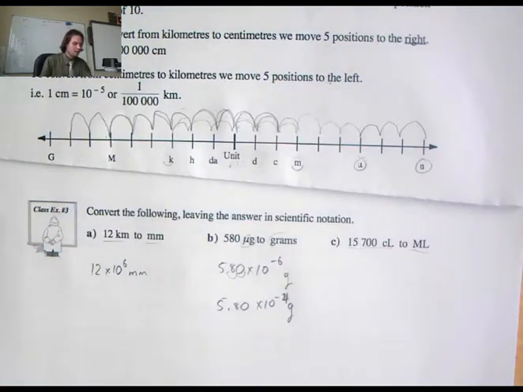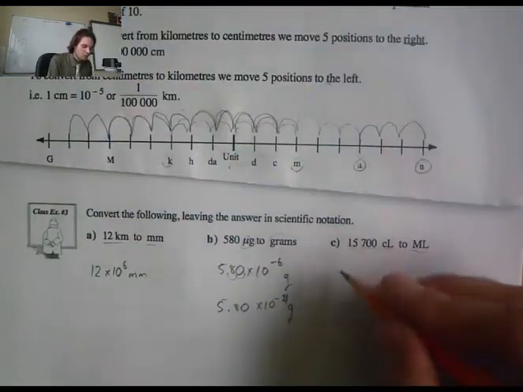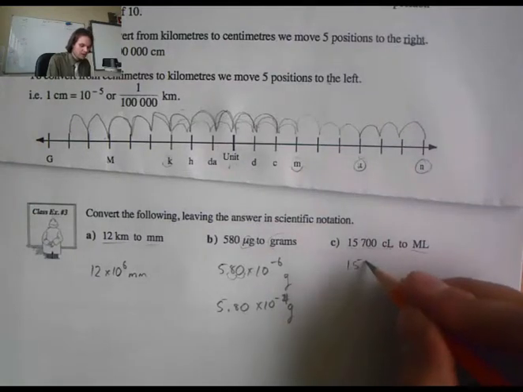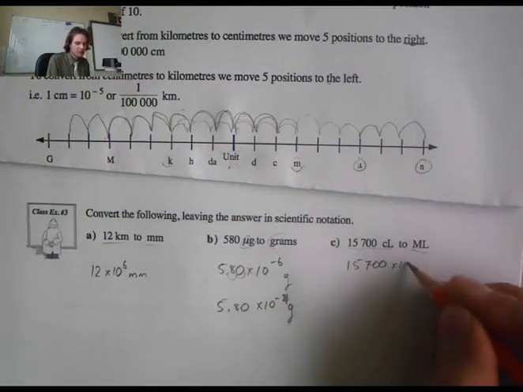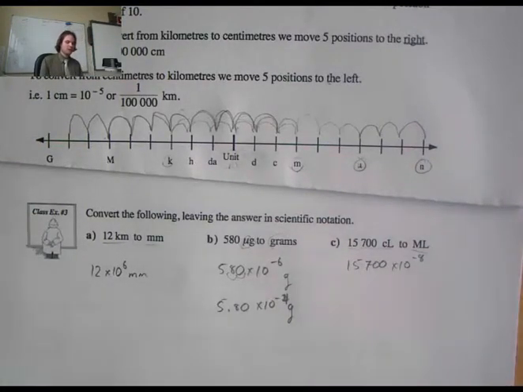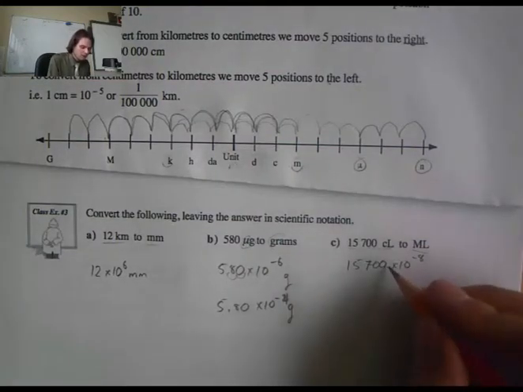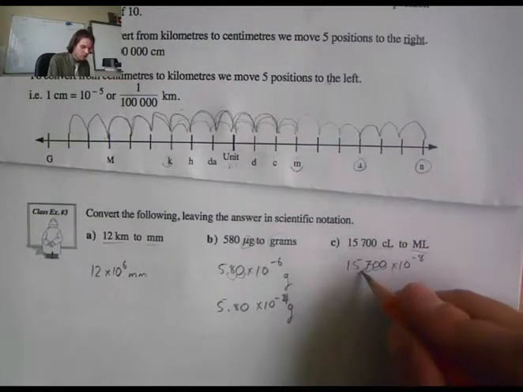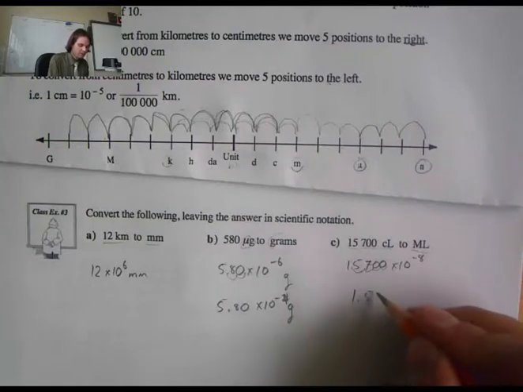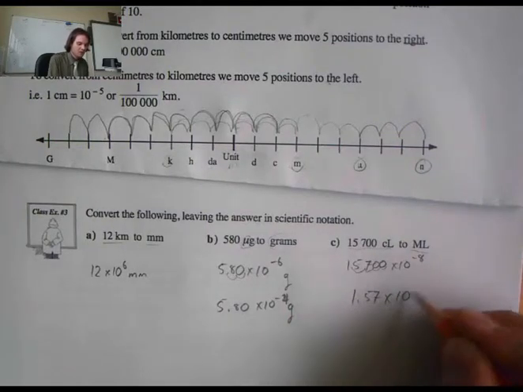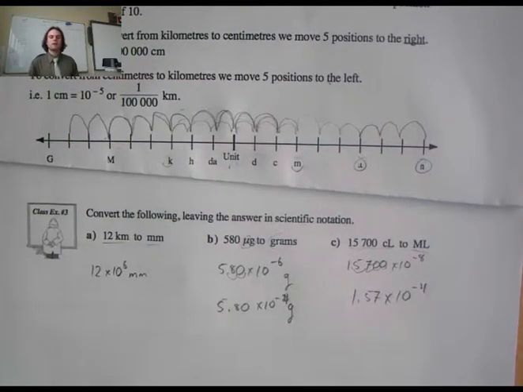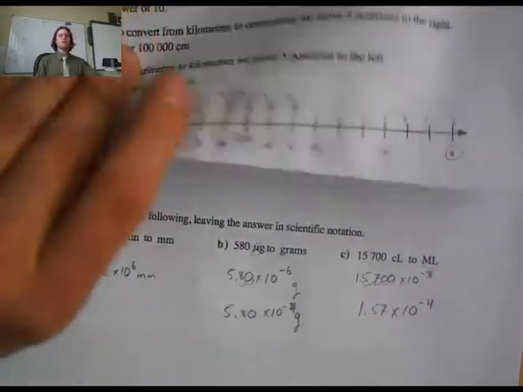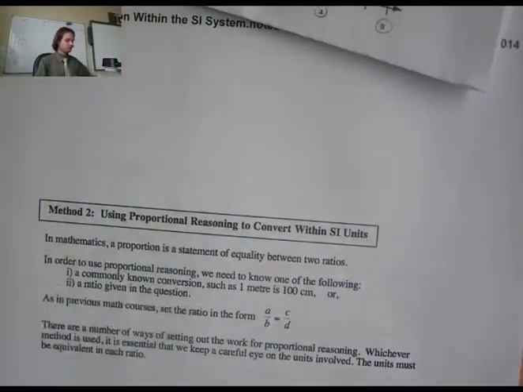Oh, it's 8. So we have 8. Okay, so we're going to go 1, 5, 7, 0, 0 times 10 to the negative 8. Okay, if we punch it in a calculator, that's moving 1, 2, 3, 4. So it's 1.57 times 10 to the negative 4. And that's it. Okay? And that's how we would solve those.